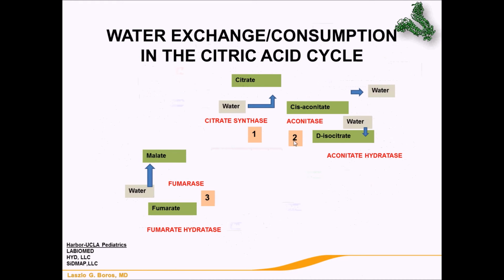So the 3 reactions which are specifically adding water to TCA cycle metabolites are citrate synthase, aconitase, and fumarase, and this is how the dry pyruvic acid gets rehydrated in the TCA cycle, as I described before, acting like a washing machine or washer after the dryer, which is glycolysis.